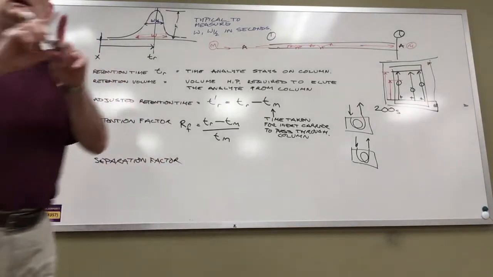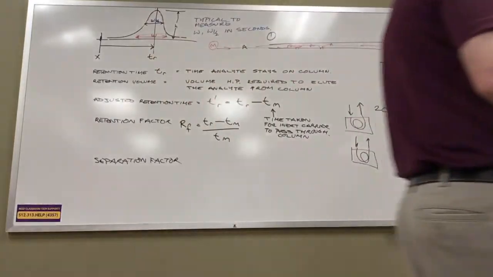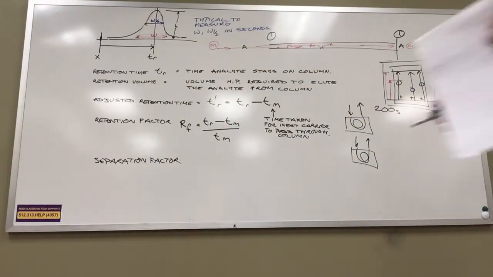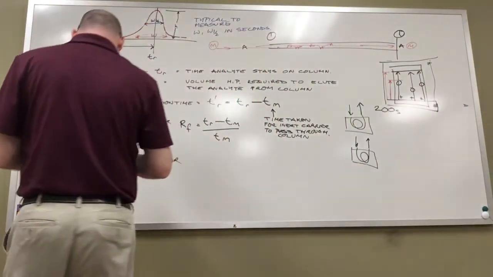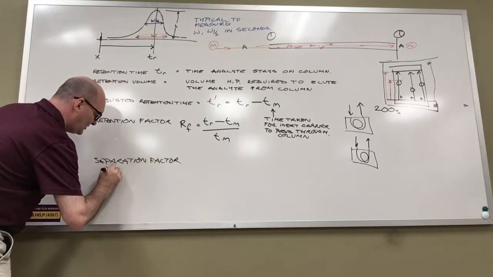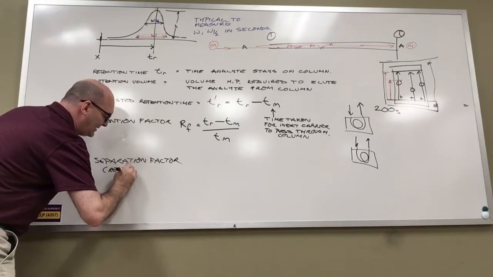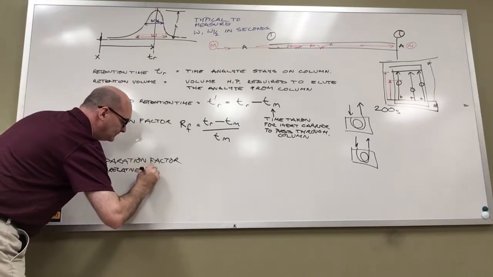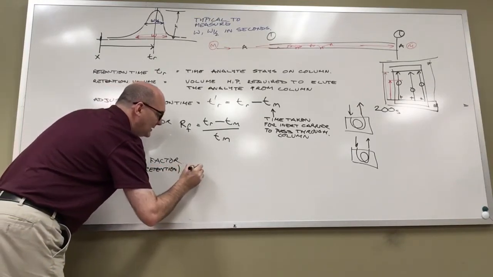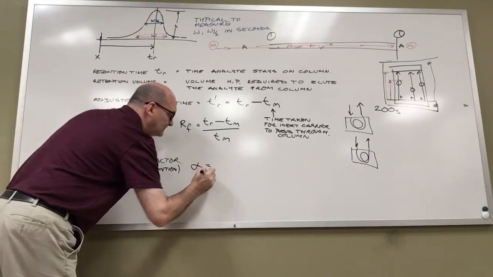Separation factor: how far away are my dots from each other, or peaks from each other, or bands on the column? What is the separation? Some books are going to call this relative retention. And it is given symbol alpha.